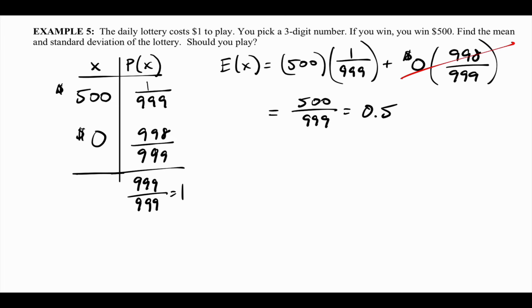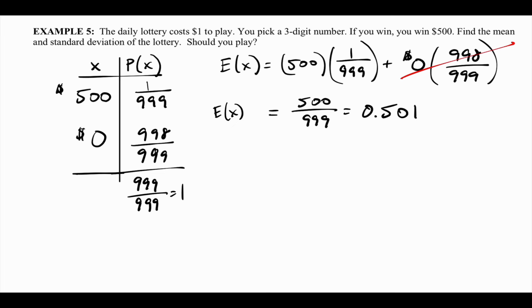Very close to 0.5, 0.50 something probably. If I go 3 digits, the last digit will be a 1. Okay, that's expected value.